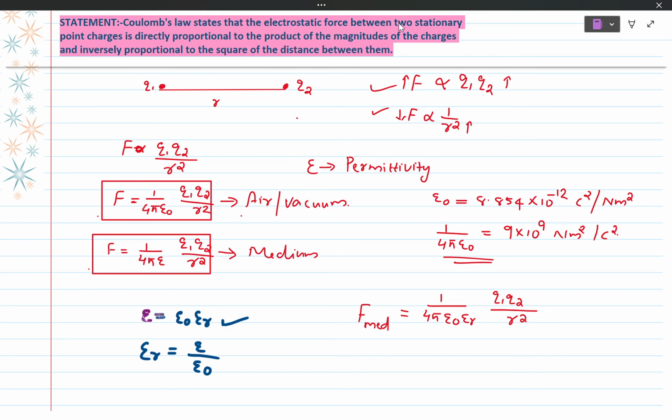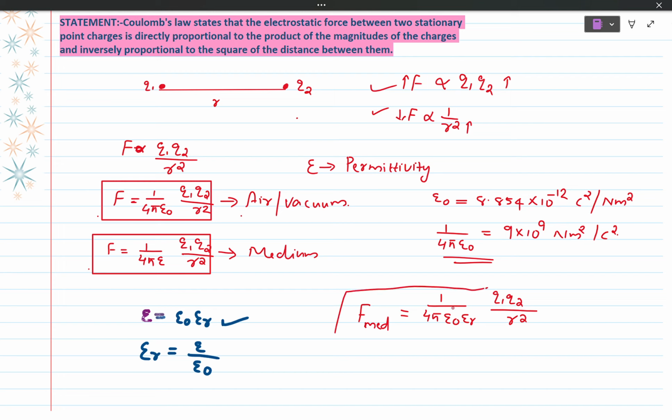Let me put this in a box. So this is the final equation. This is the first equation, this is the second equation, this is the third equation.